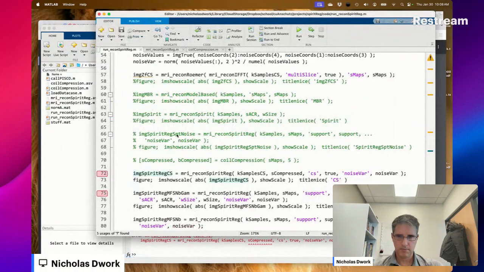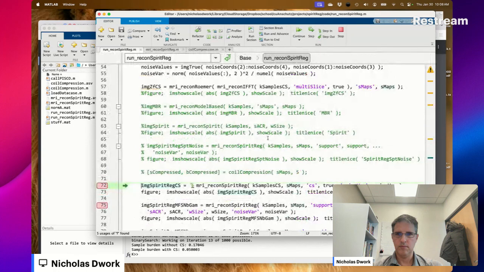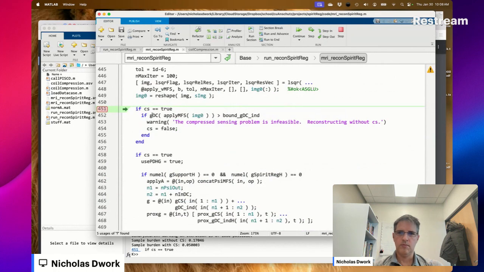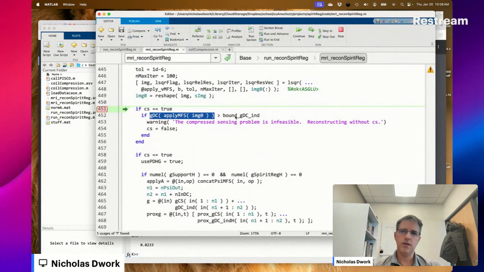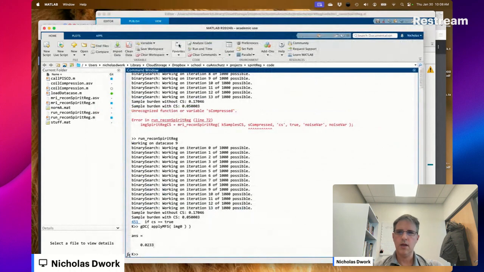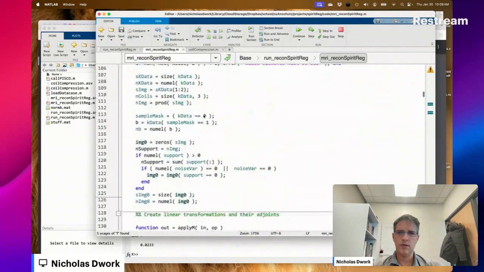This compressed doesn't exist. 0.02. So something's still bound.